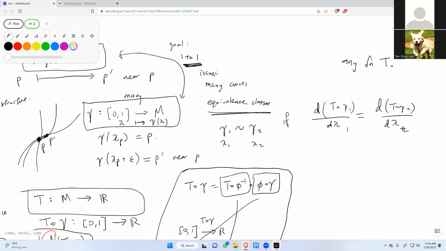At the end of the day, you just need to calculate that equation in a specific coordinate system, and it's equal to dx mu d lambda 1 partial t partial x mu equals dx mu d lambda 2 partial t partial x mu. So what you really need is for these two to be equivalent, which they are.